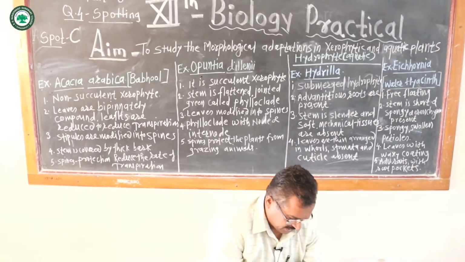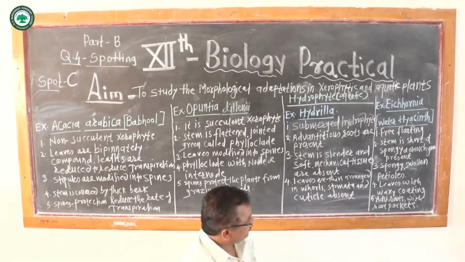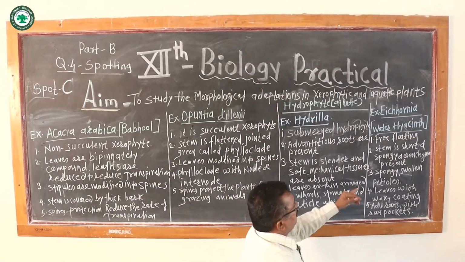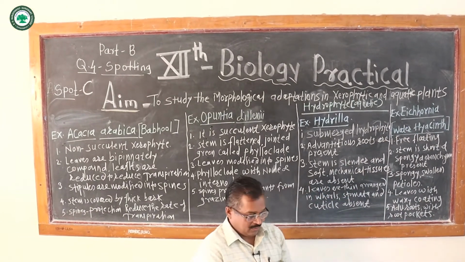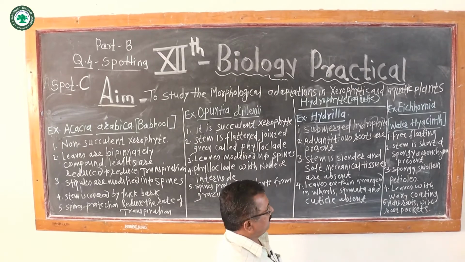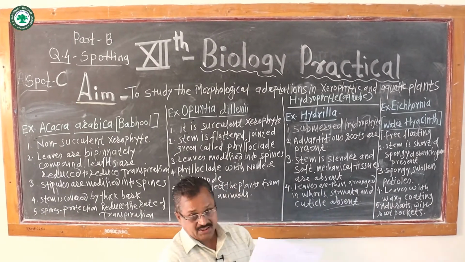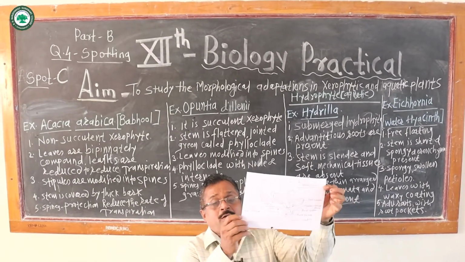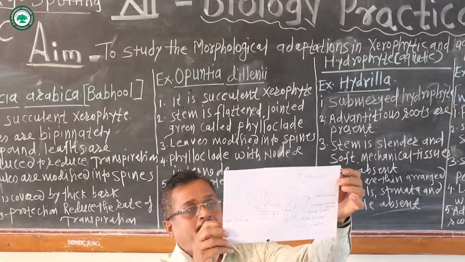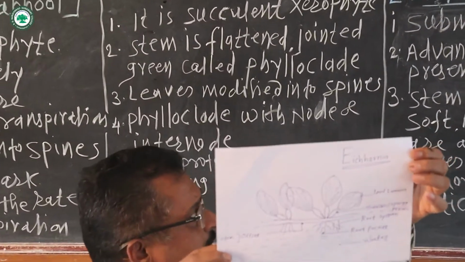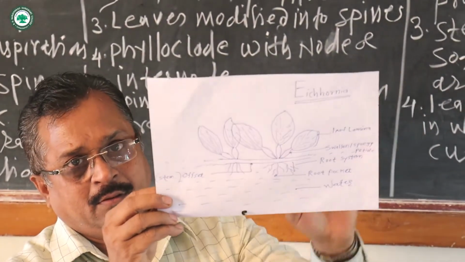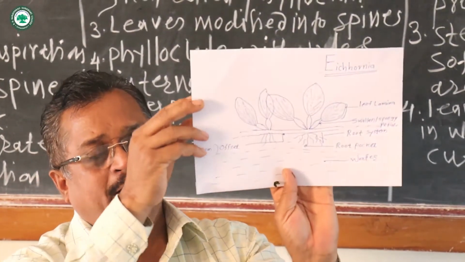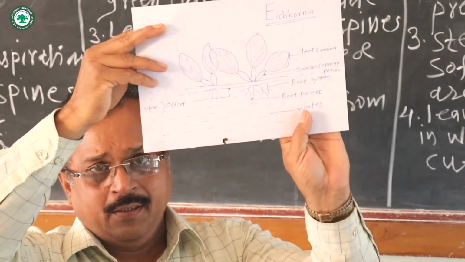Then the next plant, Eichhornia, generally called water hyacinth. See this diagrammatic representation of the Eichhornia plant. It is a free-floating hydrophyte. Why is it called free-floating hydrophyte?